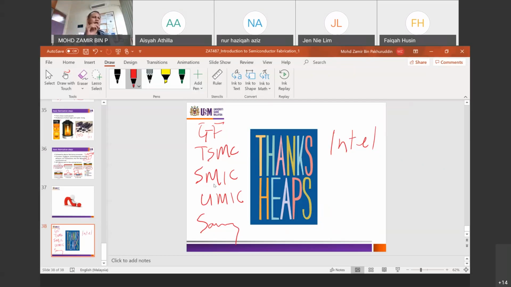What we have in Malaysia is not a top one, but it's among the most complicated technology that we have in the country. When you say it's the top one, they are usually driving technology to below 22 nanometer.